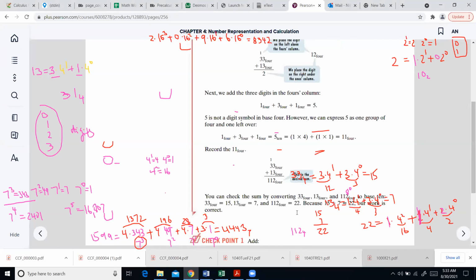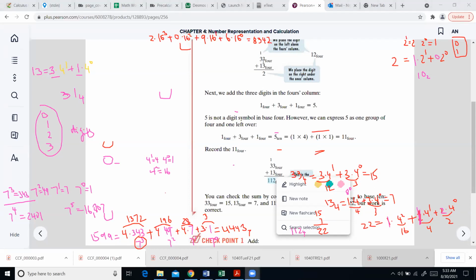As you can see, it's also 1, 1, 2 in base 4, but they don't convert these numbers to base 10. Well, I think it's probably convenient to convert to base 10 and then add the numbers and then convert back to base 4. But they're not doing it. They just add these numbers in base 4.